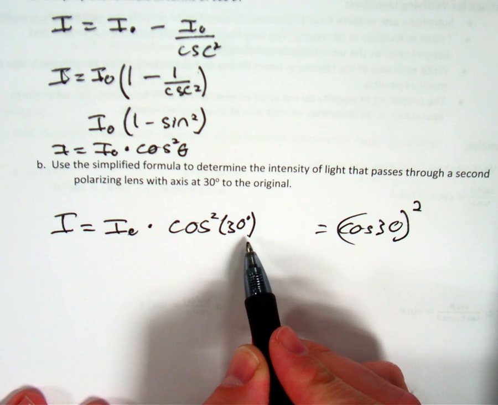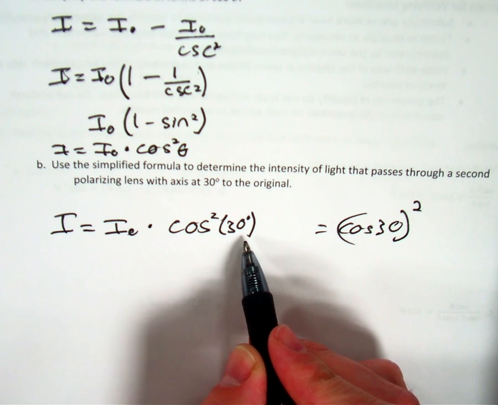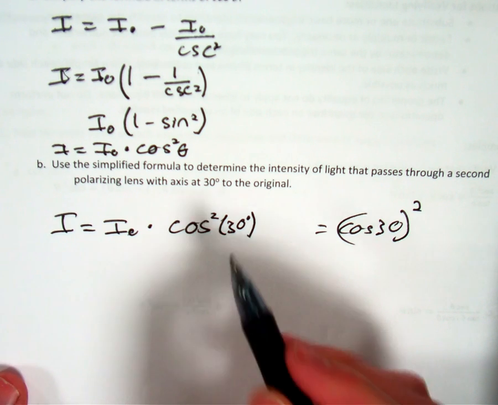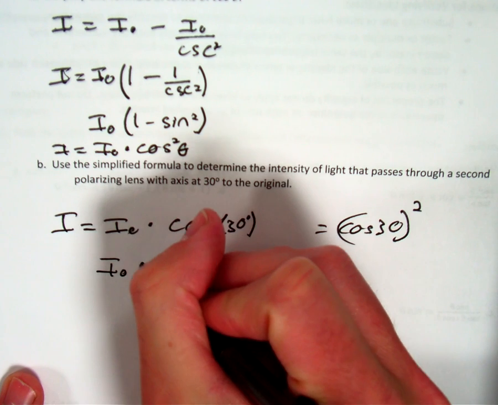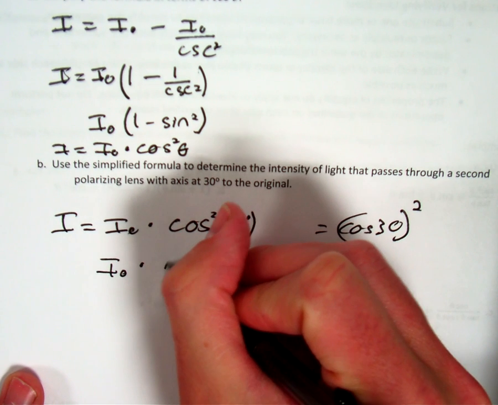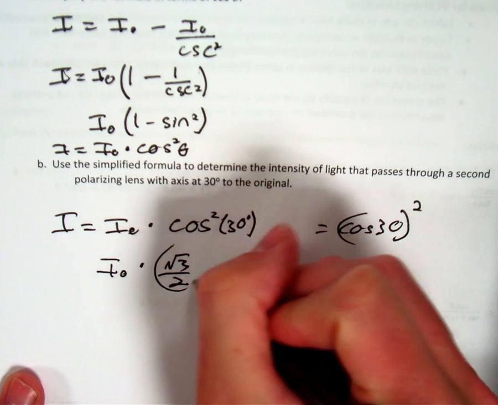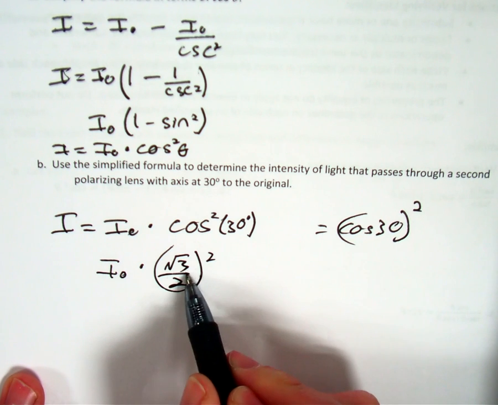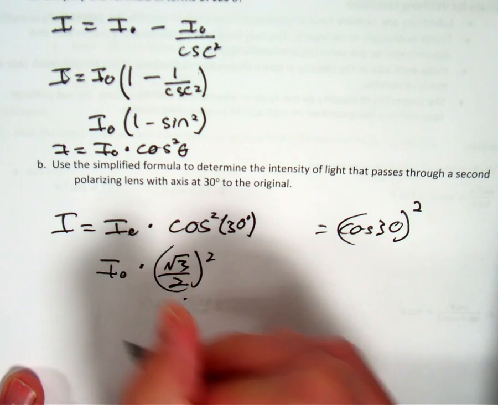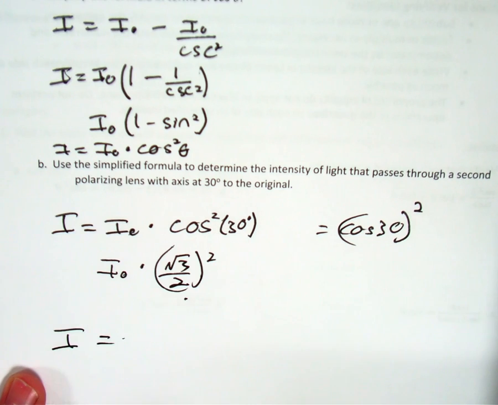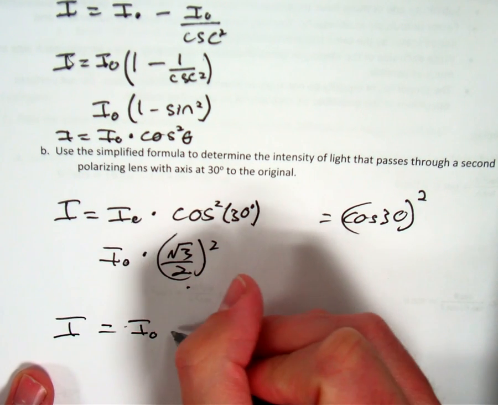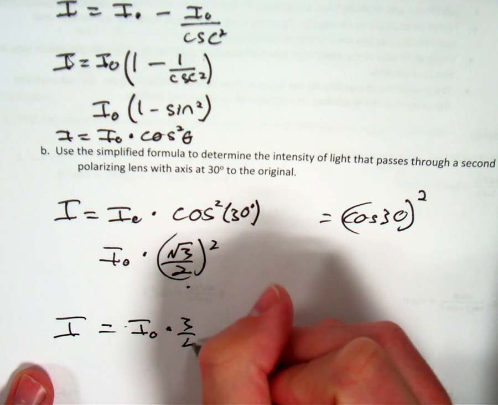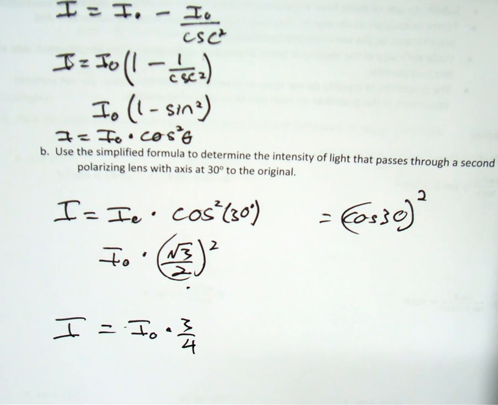Okay, so hopefully from our unit circle, we remember cosine of 30 degrees. Don't type it in. Hopefully off your unit circle, it's radical 3 over 2. And we got to square that. That's going to make this be a regular 3, and 2 squared is 4. So this is as far as we can get. It didn't give us our initial intensity here, times 3/4.